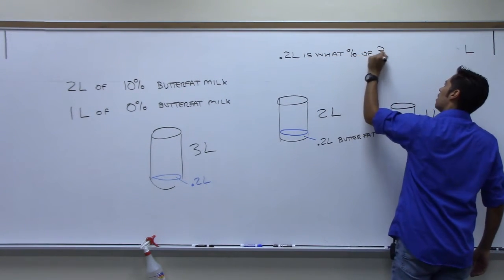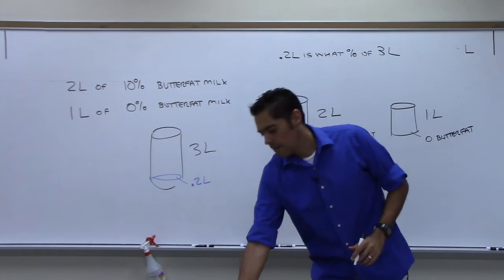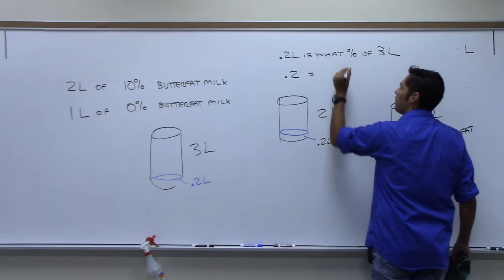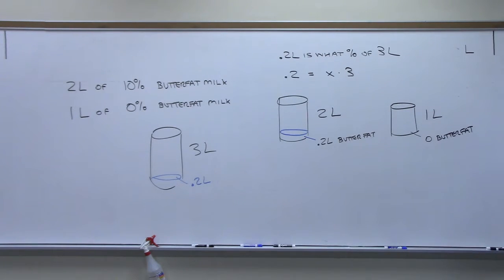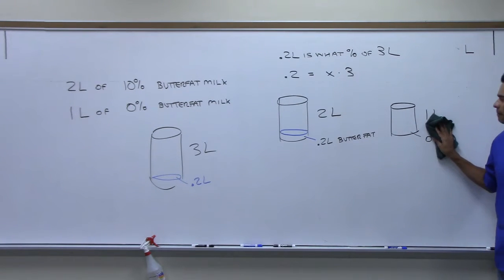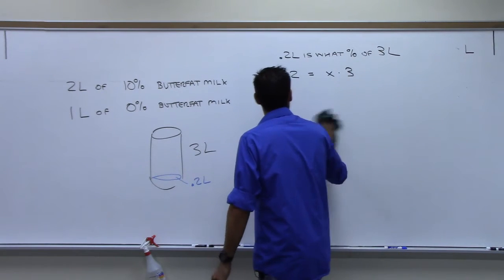You convert that into an equation, which would be 0.2 equals X times 3, where X is the percent. That's what I asked you to do on the last test, right? And we're solving for X. All you do is divide both sides by 3.